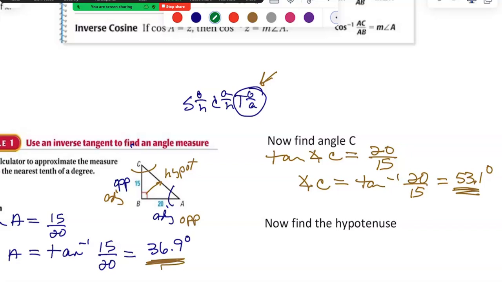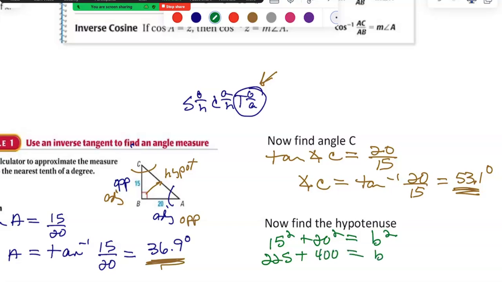Now they say find the hypotenuse. I'm thinking I can use the Pythagorean theorem. Leg squared plus leg squared equals the hypotenuse squared, which is little b squared in this situation. What is 15 squared? That is 225, and then 20 squared is 400.